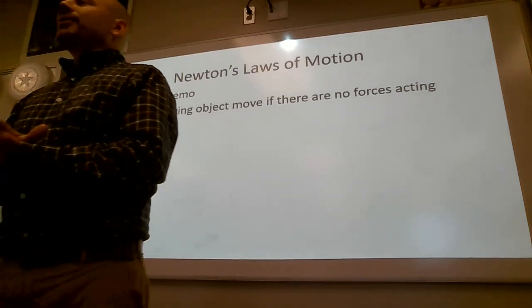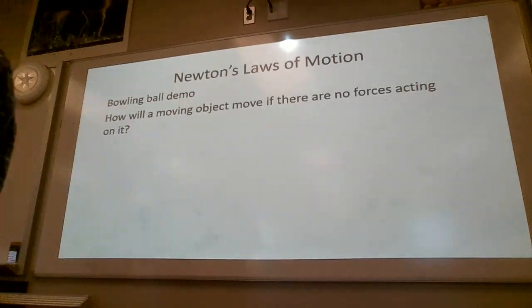You all have heard about Newton's first law. An object at rest will stay at rest. An object in motion will stay in motion unless acted on by an outside force. We are solid with an object at rest staying at rest. That happens all the time. But an object in motion wanting to stay in motion rarely happens here on Earth.